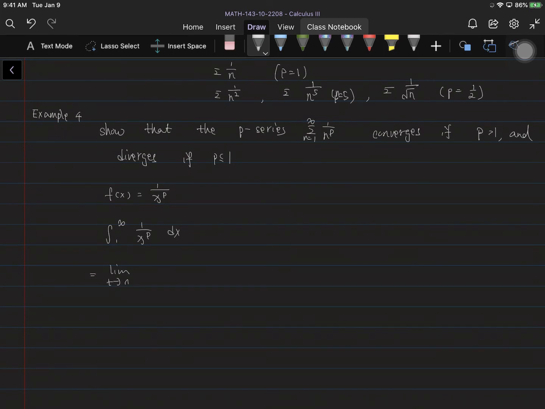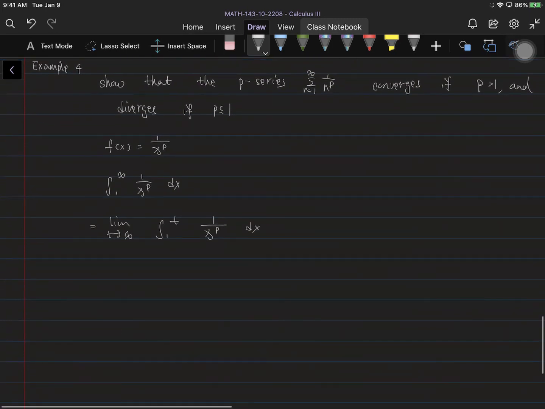The limit as t goes to infinity, from 1 to t, of 1 over x to the p dx. When we solve the integral, we usually like to simplify. Actually, we can use the power rule here, but we have to change this into a power function. So we change this into x to the negative p power.